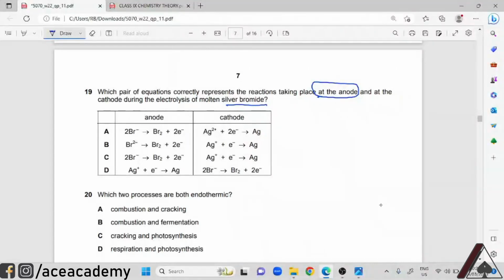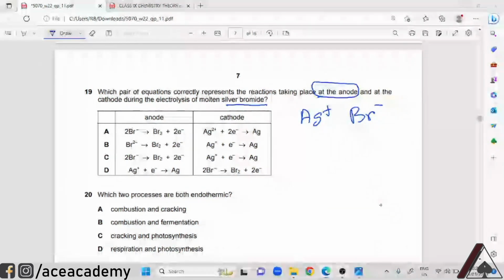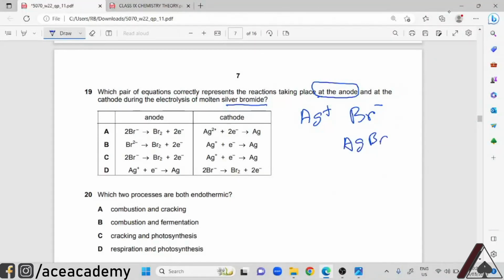Okay, so in here we have silver bromide, and the formula for silver bromide is AgBr.